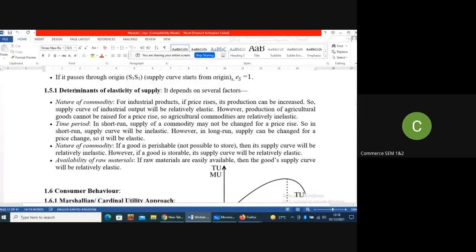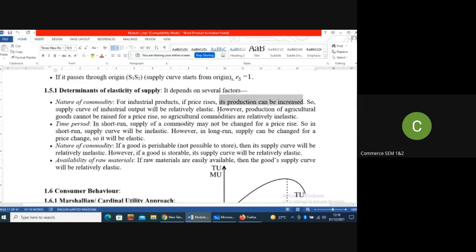Now we can see the determinants of elasticity of supply. Again, as before, these are the different factors which can affect elasticity of supply. For example, I'm explaining only one, nature of commodity. For industrial commodities, if price rises, its production can be increased very soon.